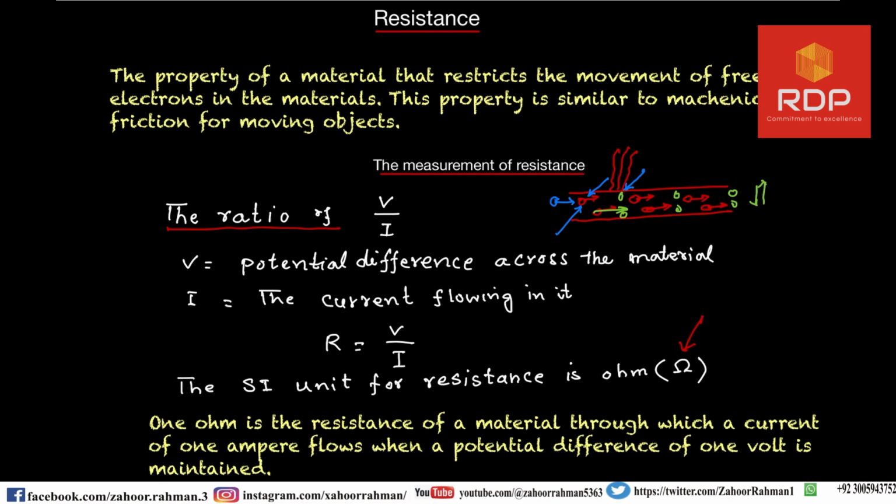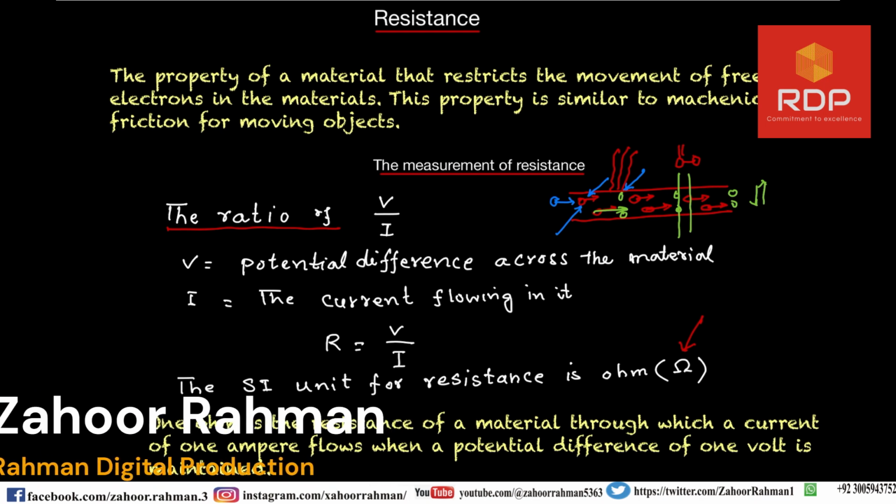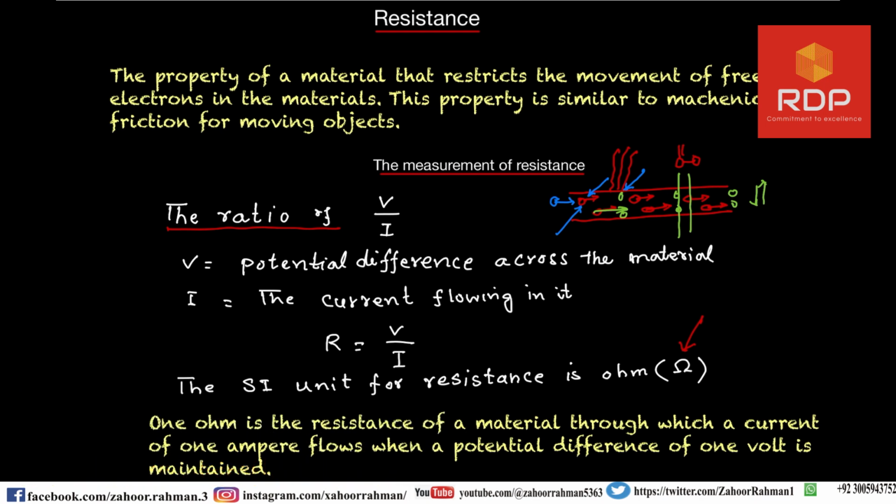Remember that if we fix a camera at this point and we see that 1 ampere of current is flowing in this area when 1 volt of potential difference is given to these free electrons, then we say that 1 ohm resistance is there.